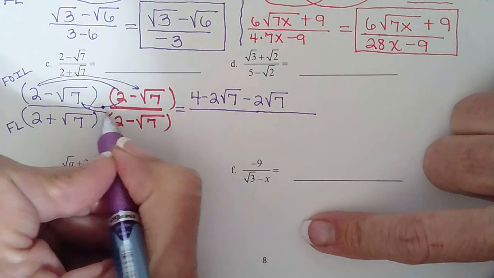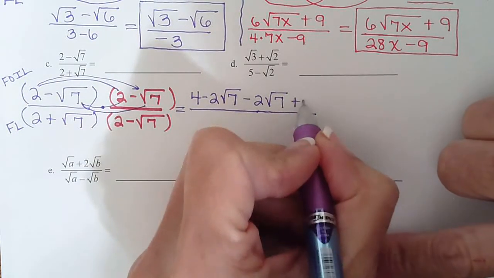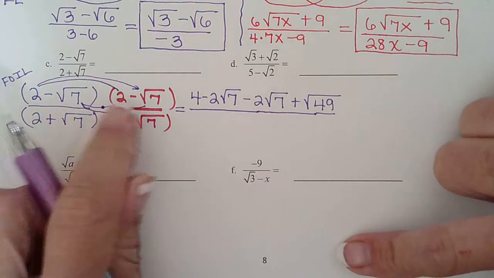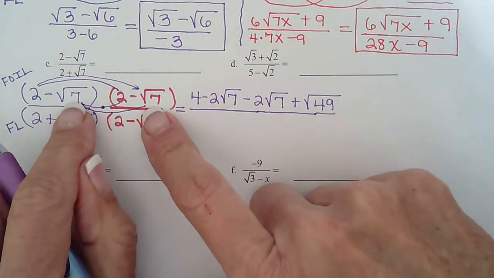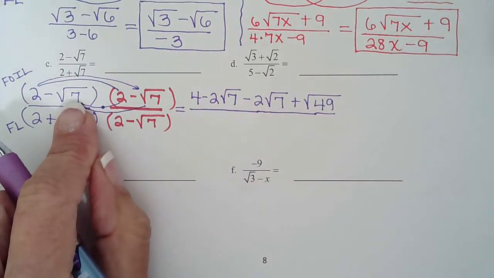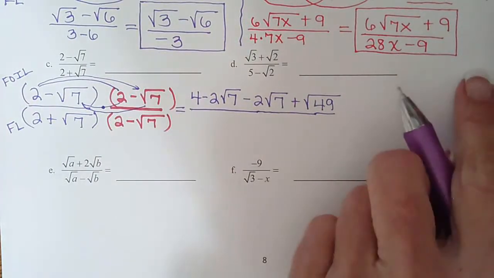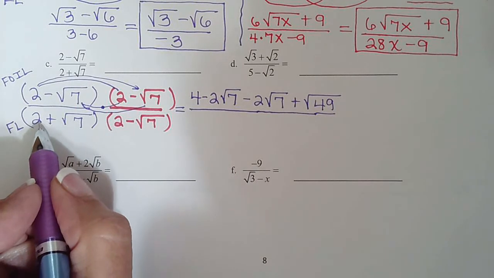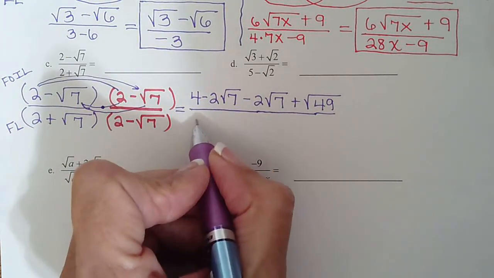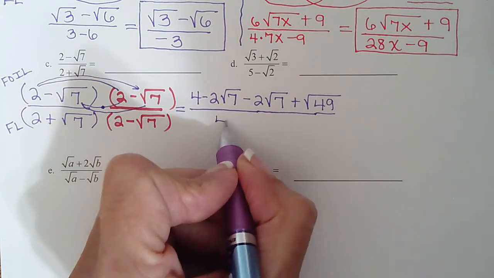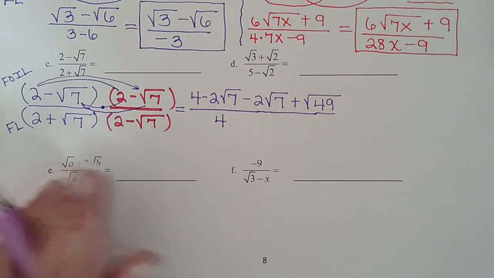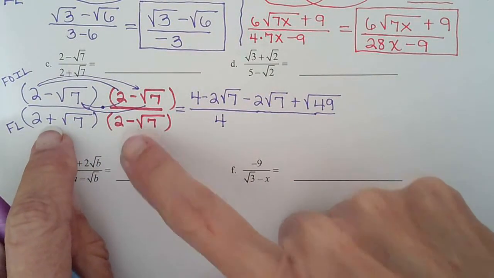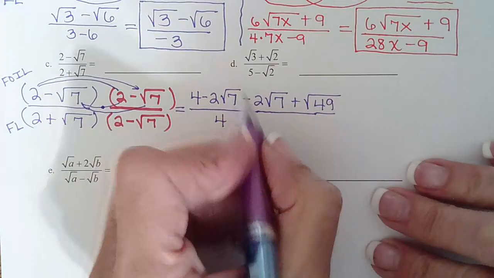And then we get positive square root 49. So a negative times a negative is positive, square root 7 times square root 7, square root 49. I'll do that one on a separate sheet of paper. So 2 times 2 is 4. In the denominator, remember, we just have to do F and L since they're conjugates. And then from L, we get negative square root 49.